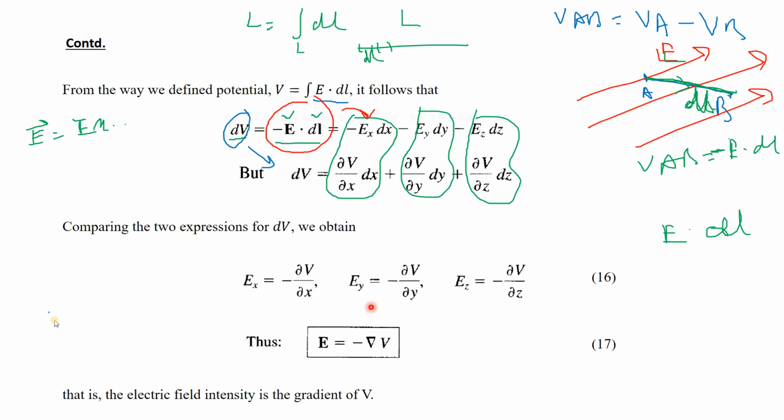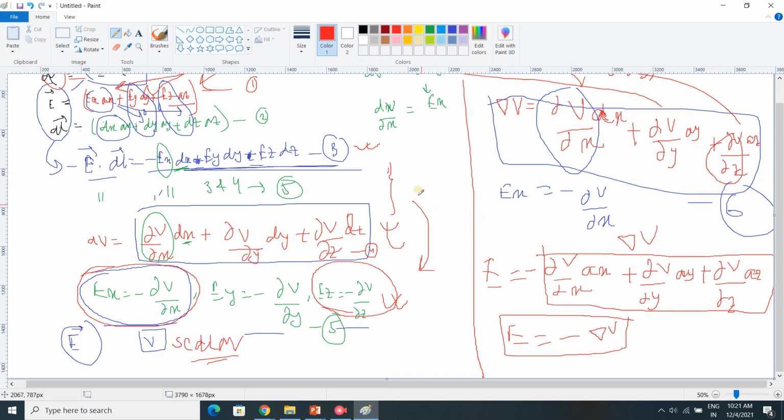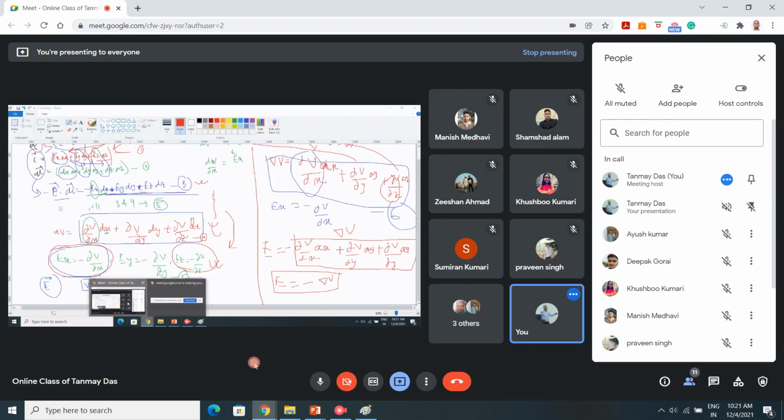This step is not shown over here, so you have to understand it and derive it on your own. This concludes that E is the minus of the gradient of V. So electric field intensity is the gradient of V, but negative, though magnitude wise they are equal. Did you understand this particular derivation? These two equations, then from 16 then 17. Did you understand this part?